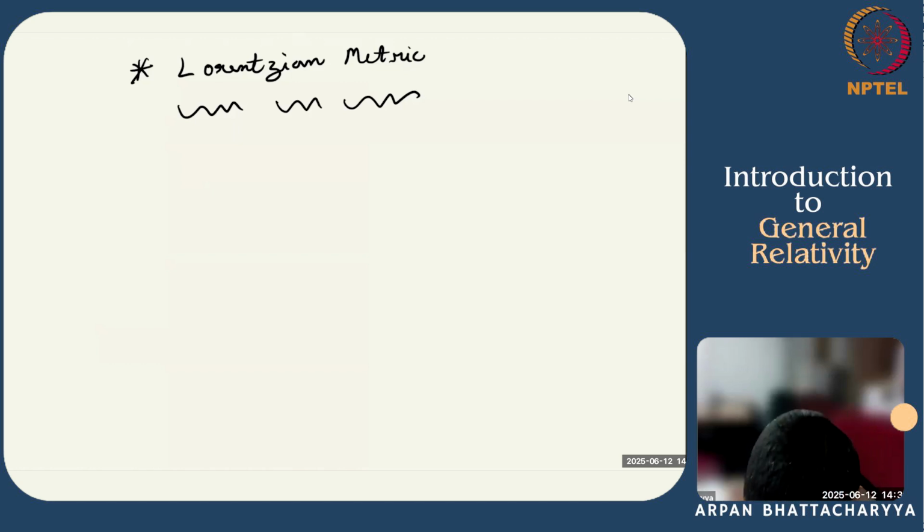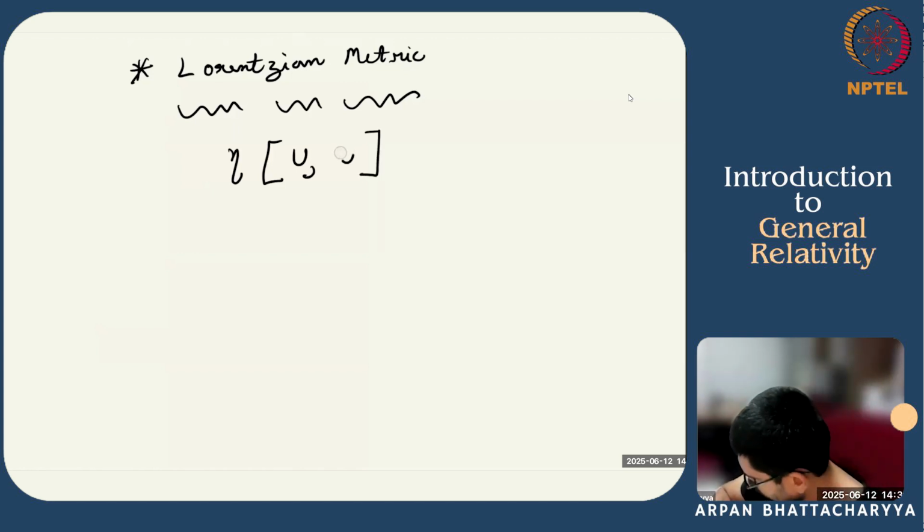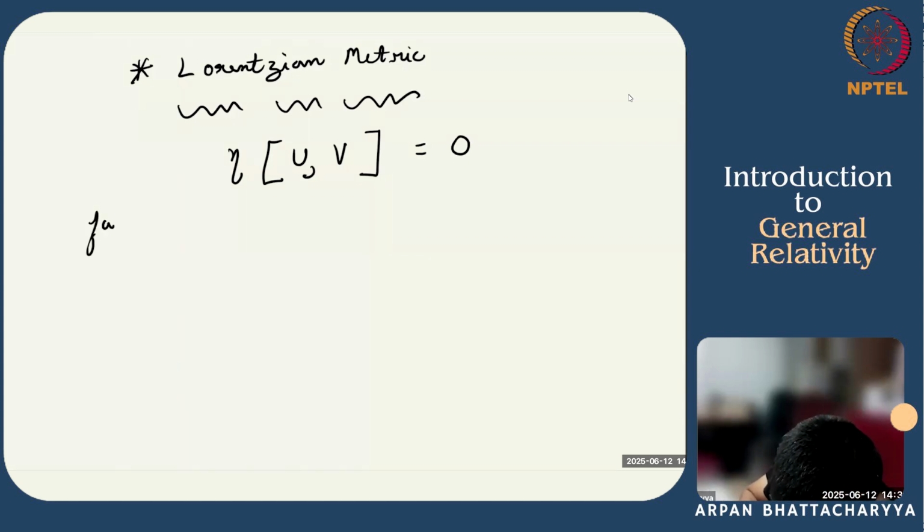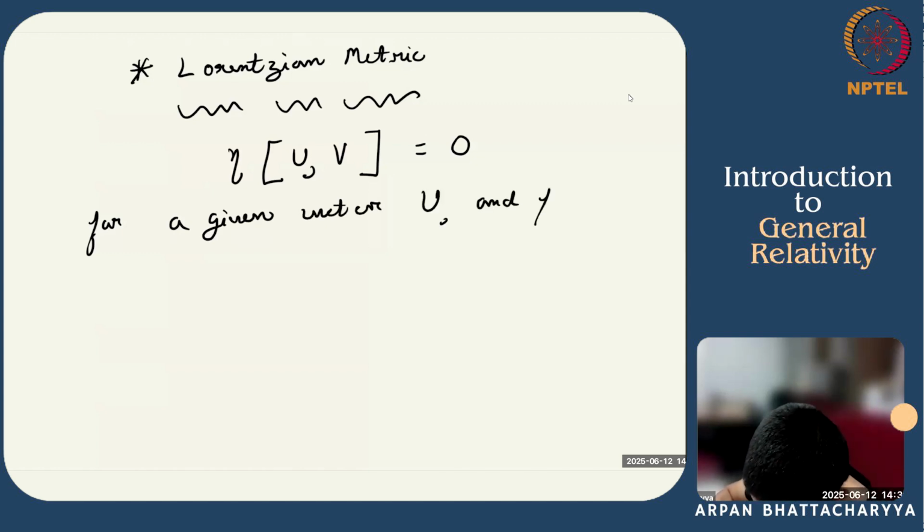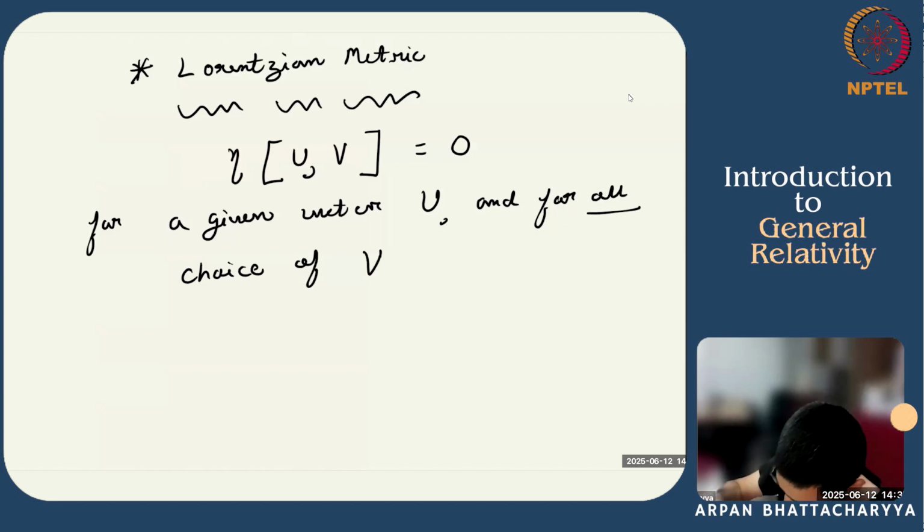So if we are given a Lorentzian metric, which we symbolically define as eta, take a vector u and take another vector v such that this is 0 for a given vector u, and for all, this is important, for all choices of v, then only will it imply that u is 0.